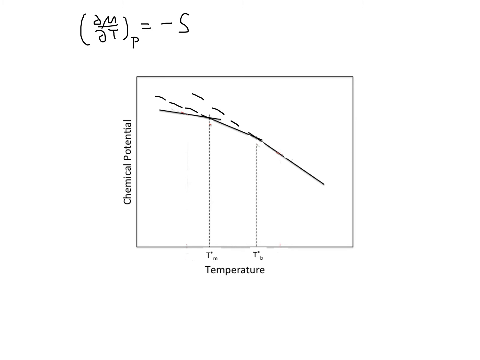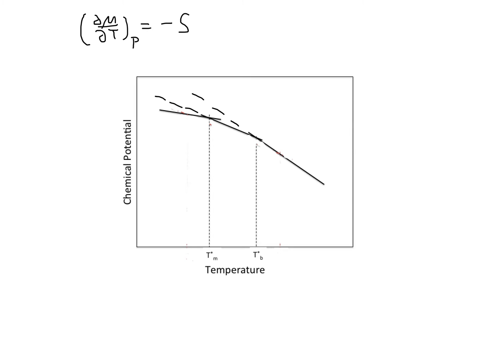This is why our substance will naturally occur as a solid at temperatures below the melting point, because systems always tend towards lowest chemical potential. And thus, the spontaneous direction for a phase change at temperatures below the melting point is to form the solid.